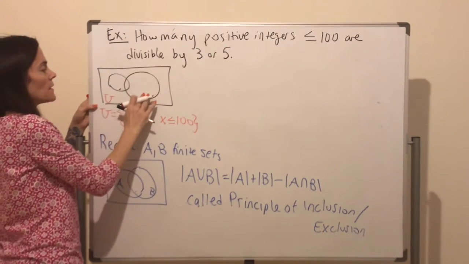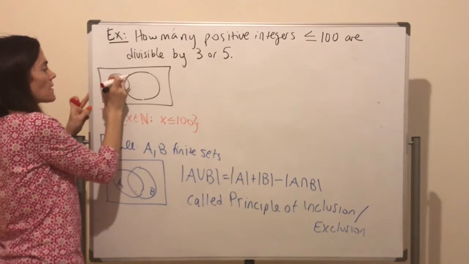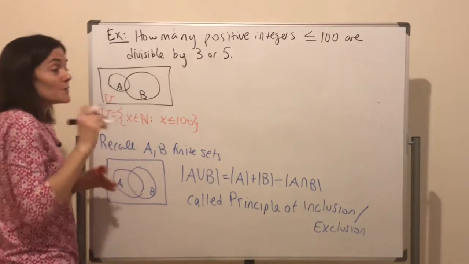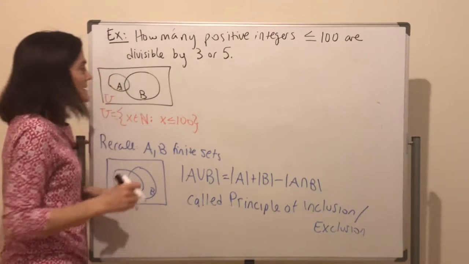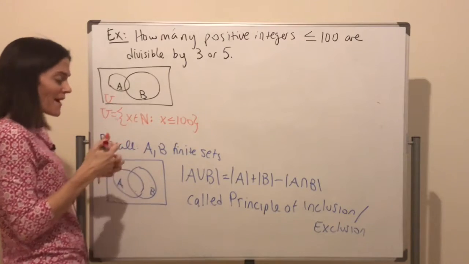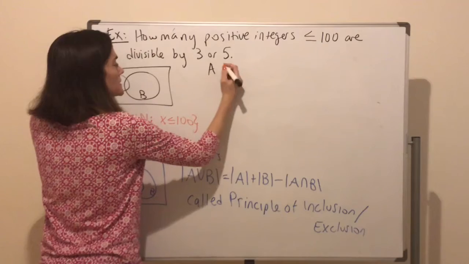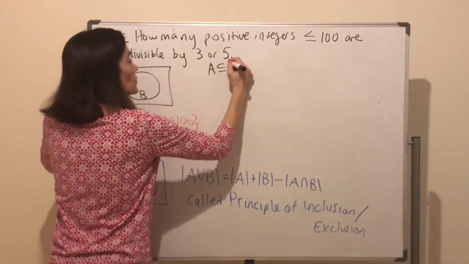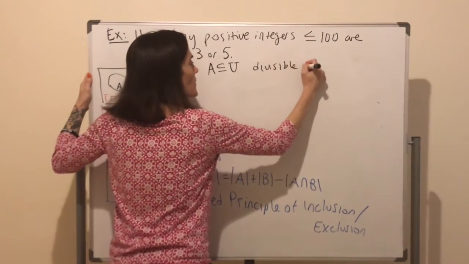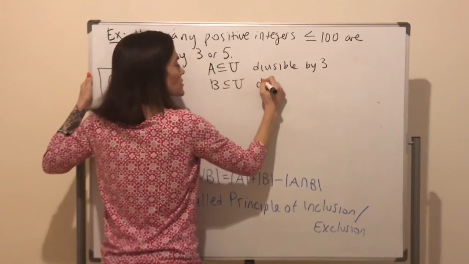And then if I wanted to be formal about it, I could call this A and this B, where A is the set that's divisible by 3, B is the set divisible by 5, like this. Okay? And then we want the cardinality. So in U, we have A divisible by 3, and B are the ones that are divisible by 5.